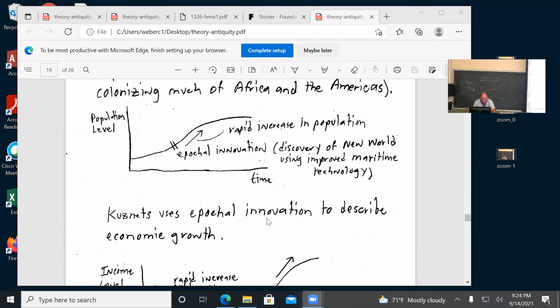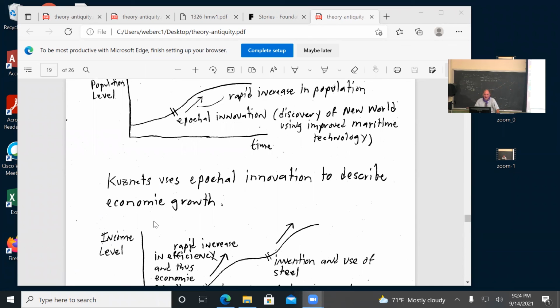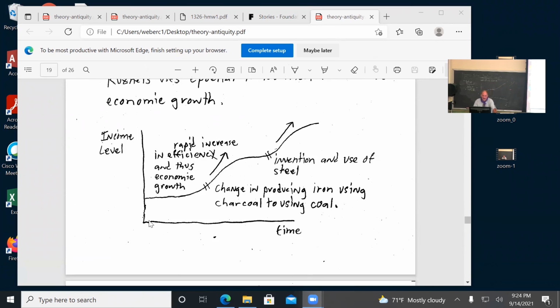Then Kuznets, he won the Nobel Prize for this invention of this epochal innovation idea, where he's more concerned about income. We're not worried about national income so much as we are individual income. And the nation state has only been in the fore of our consciousness since World War I. So, for example, and this logistic curve should be drawn right here, not there.